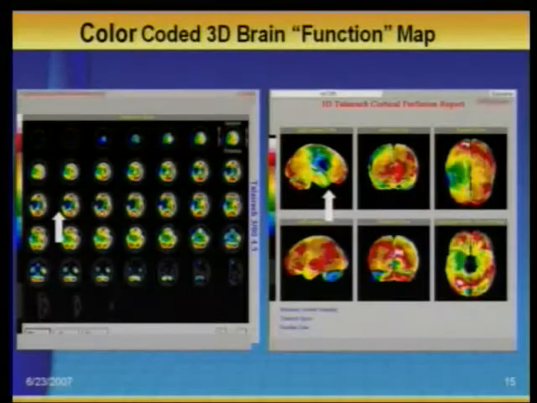That part of their brain isn't working. Areas around it, the so-called ischemic penumbra, are at a lower functional level, but they're not necessarily dead. So I just want you to get a sense that we can transition back to looking at three-dimensional volumes of information, albeit in a two-dimensional format.